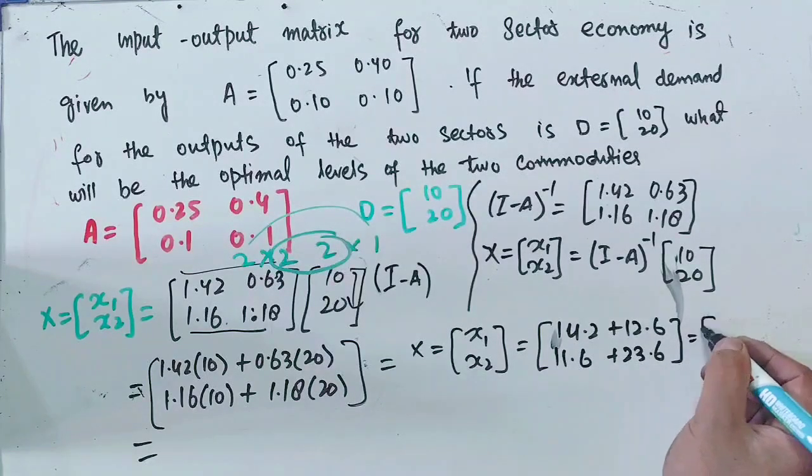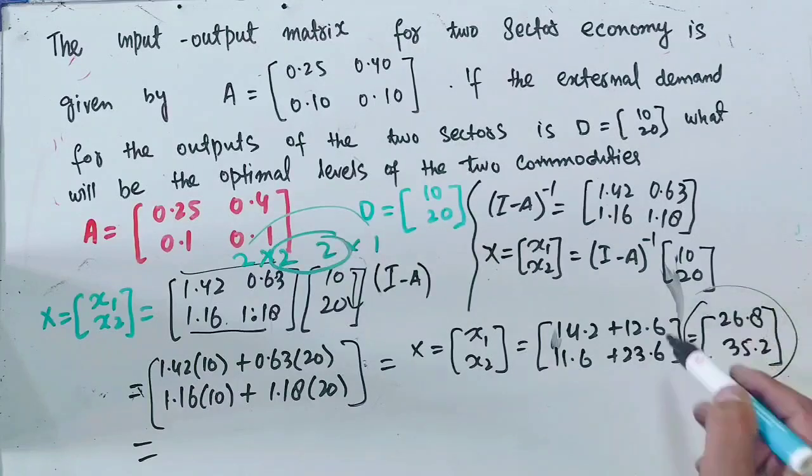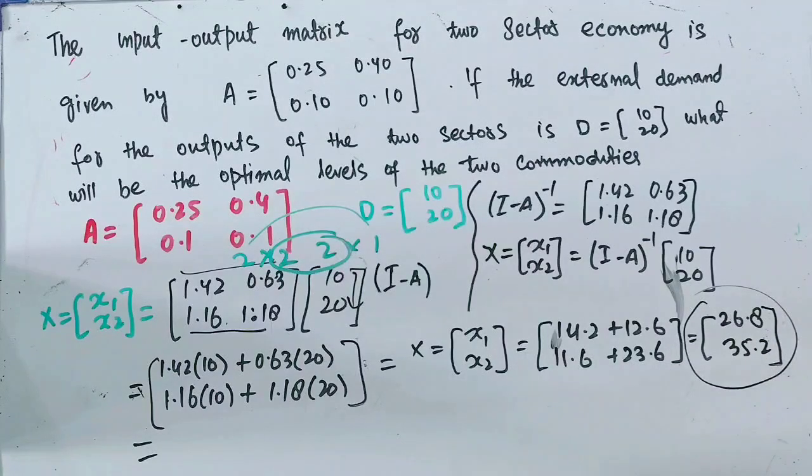Adding them, we get 26.8 and 35.2. So this should be the value at optimal of x1 and x2, that is, the optimal levels of the two commodities.